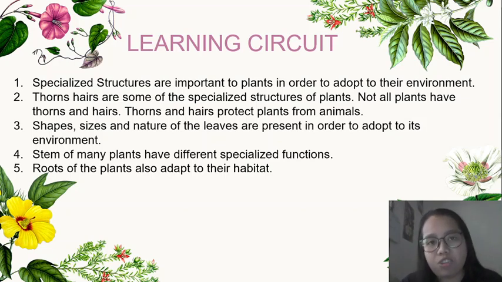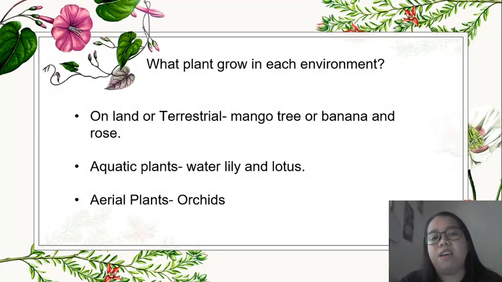For example, trees have big roots that go deep into the ground to support the tree. That is why trees do not easily fall, because the roots support the trees.